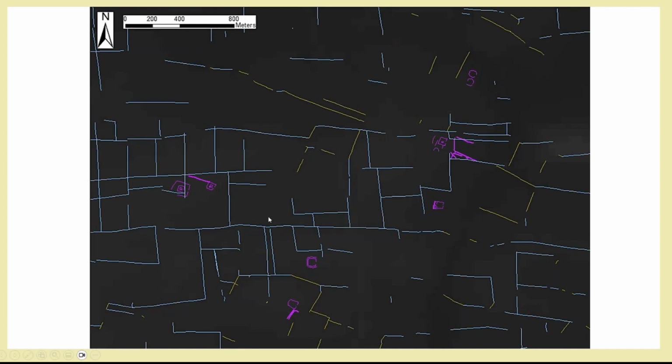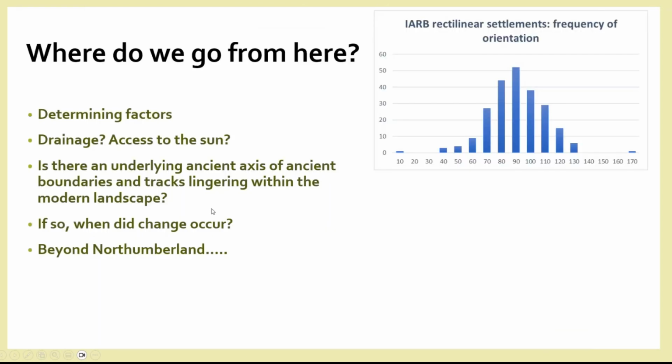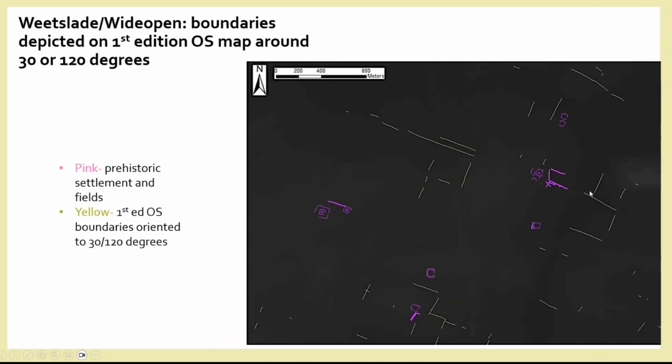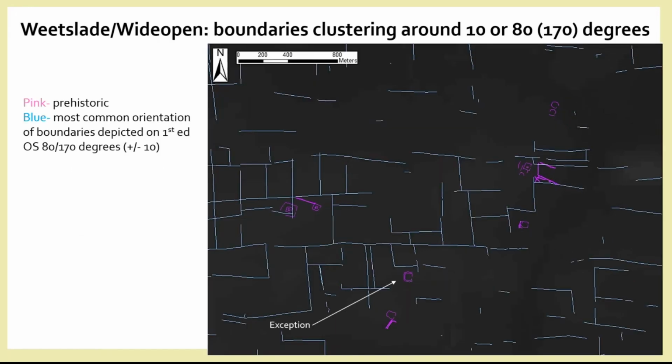So just to wrap up, I'll come back to this image. You've got the 30 or 120 degrees, and you can see lines coming through here. Is this something that survived? These lines here, are they the remnants of earlier field systems that have endured into today's landscape?